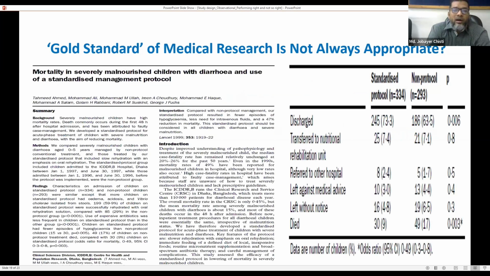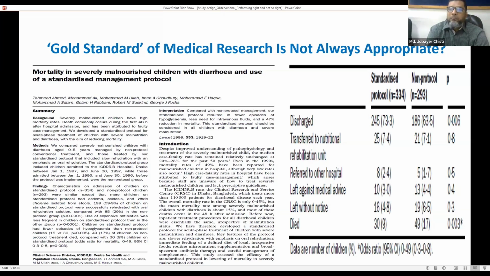And you can see that it was a study done among severely malnourished children who were hospitalized with diarrhea, severe malnutrition, and other different comorbidities. And the investigators refrained from performing a randomized trial, and they performed the observational trial, and all the children prospectively received the treatment of protocolized management.